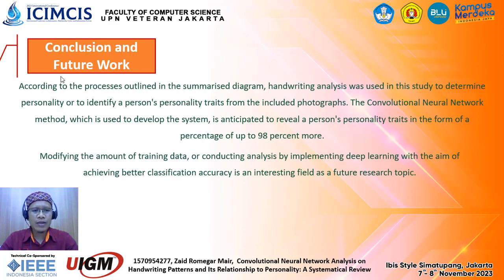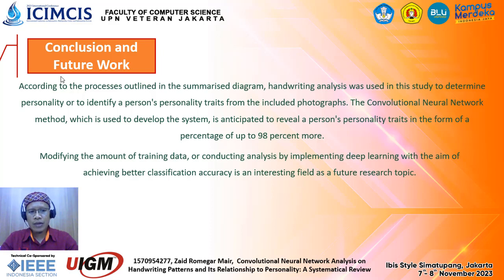So for the conclusion, according to the process outlined in the summarized diagram, handwriting analysis was used in the study to identify a person's personality from the included photograph. The convolutional neural network method, which is used to develop the system, is anticipated to reveal a person's personality traits in the form of a percentage of 98% or more.